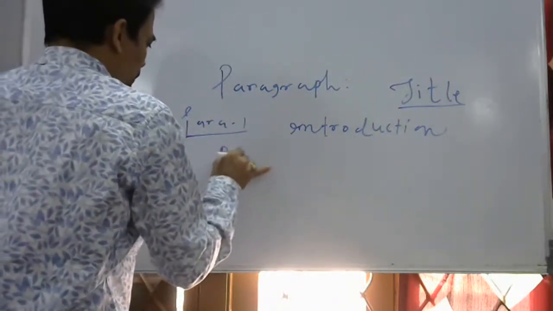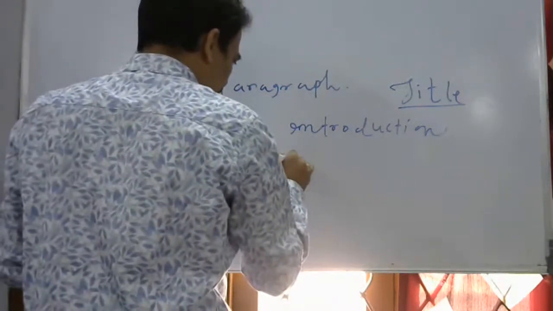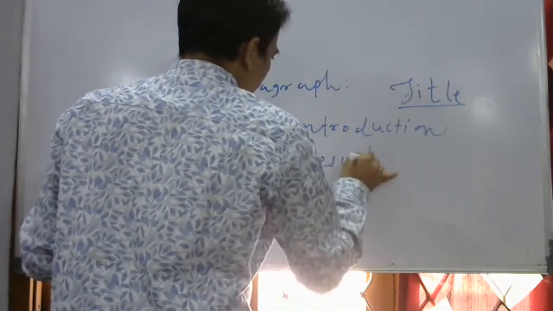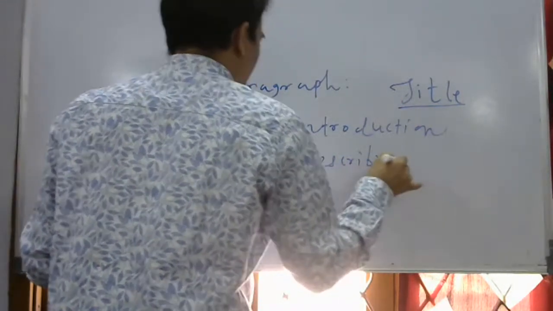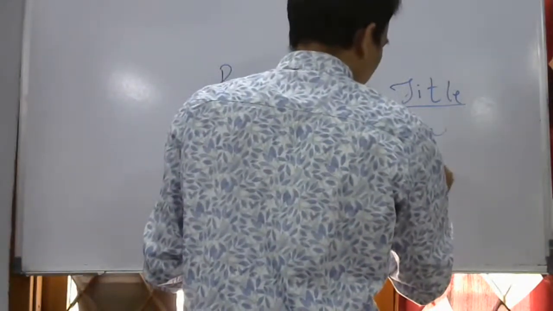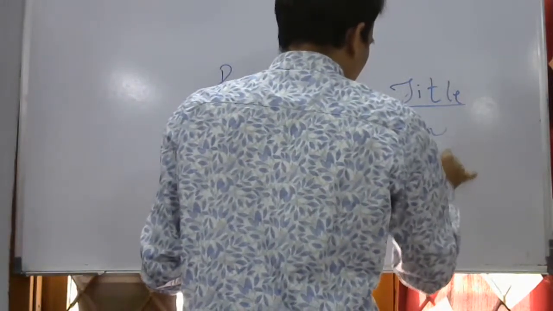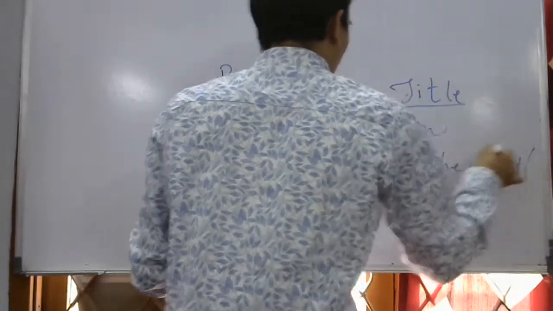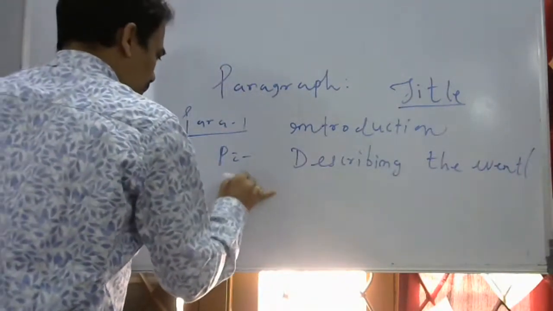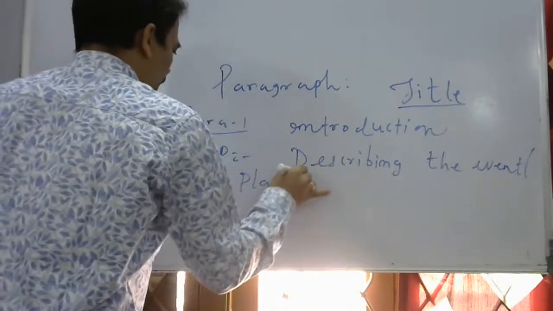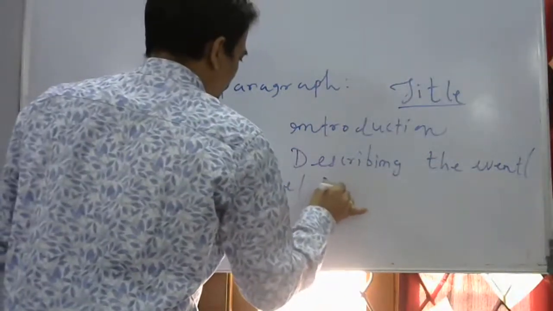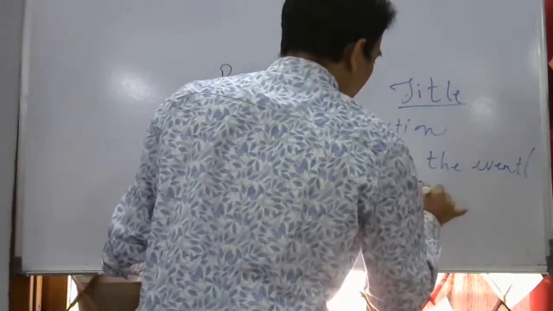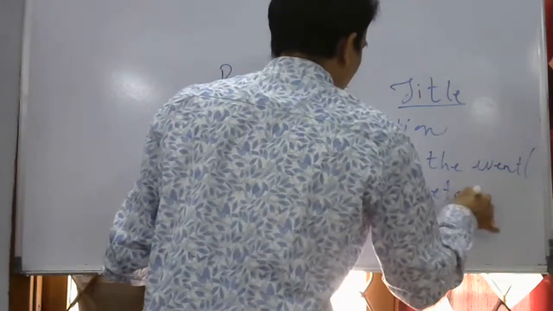In para two, you will think of describing the event, or it can be a place also, or any person in detail. In detail, you have to describe.